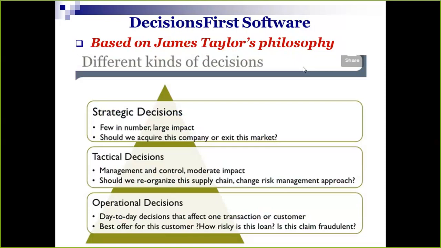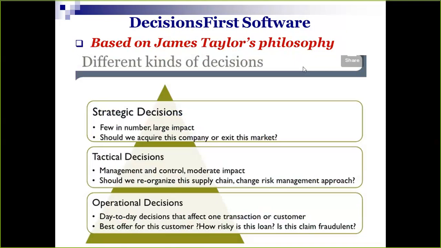In the middle level, decisions that occur a little bit more frequently are sort of management control, moderate impact decisions. You know, reorganizing the supply chain, changing your risk management, maybe deciding to use a different vendor, a different supplier. Those decisions occur periodically. They're what we call tactical decisions, and they too have an impact.